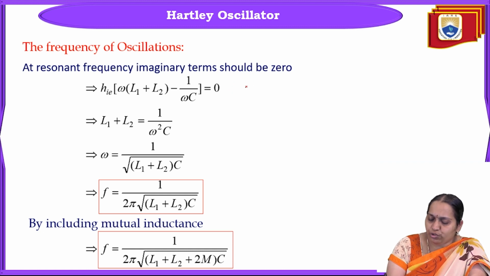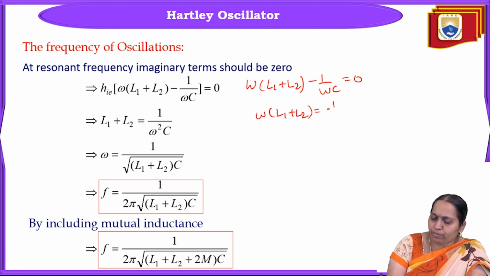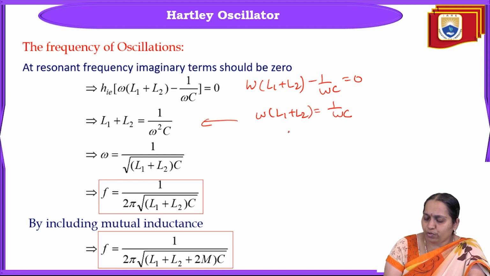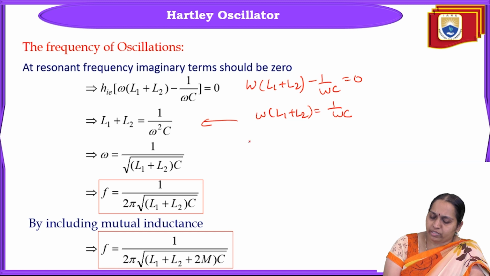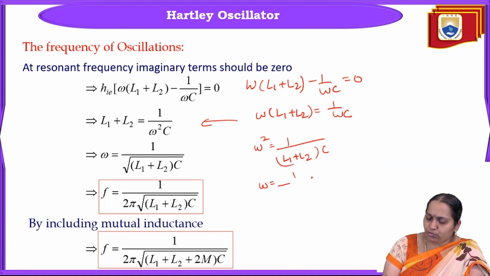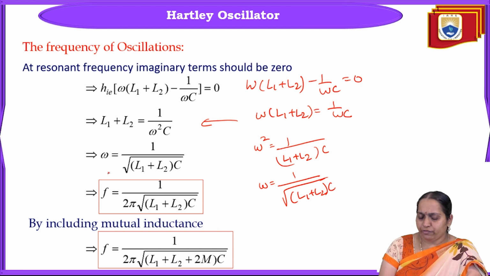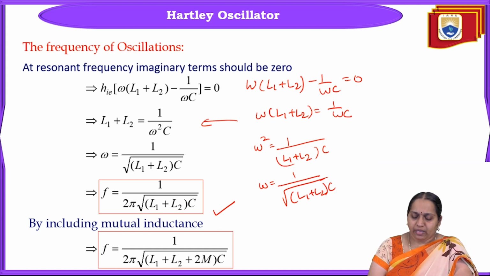Equating this imaginary part to 0, what do we get? HIE is not equal to 0. So we can write omega into L1 plus L2 minus 1 by omega C equal to 0, or simply omega into L1 plus L2 equal to 1 by omega C, or L1 plus L2 equal to 1 by omega square C. From this we can write omega square equal to 1 by L1 plus L2 into C. So omega equal to 1 by root over L1 plus L2 into C. And as we know, omega is equal to 2 pi f, so f is equal to 1 by 2 pi root over L1 plus L2 into C. This is the frequency of oscillations.